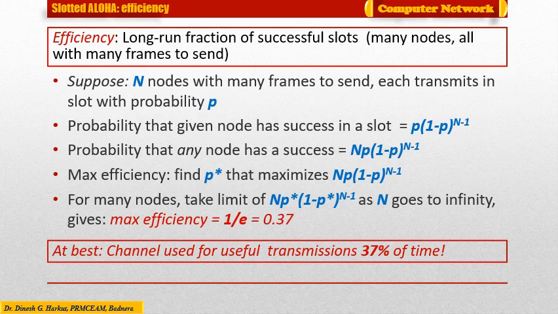If you wish to calculate the maximum efficiency, we need to find the probability P star that maximizes this particular value, n times P times (1 minus P) raised to n minus 1.